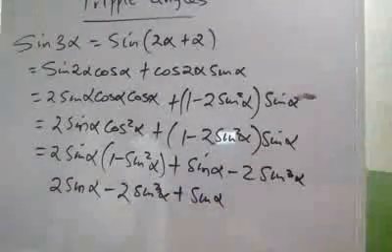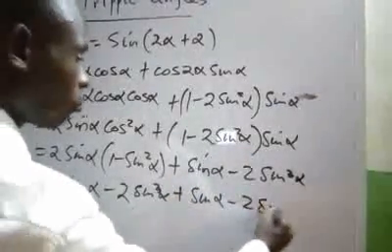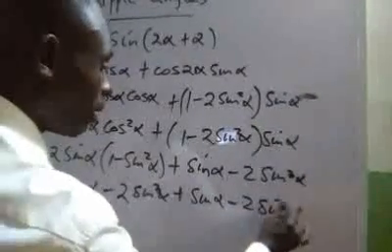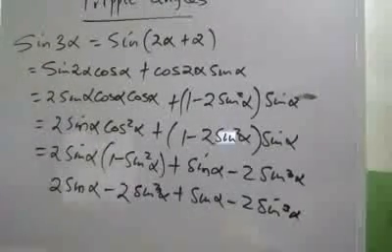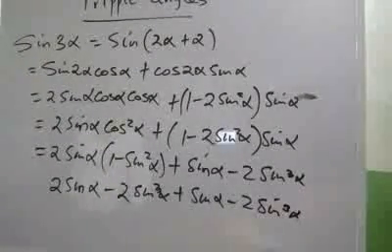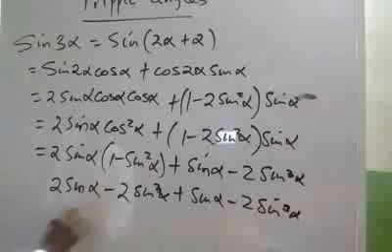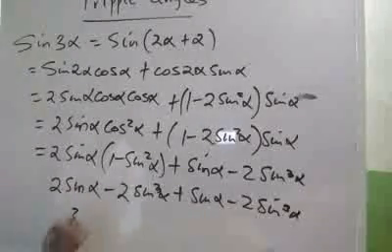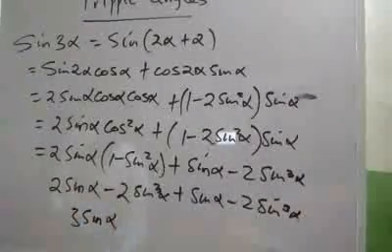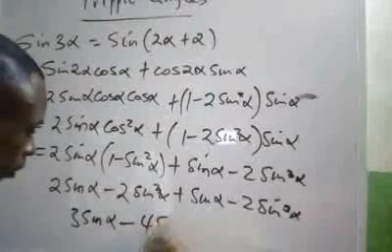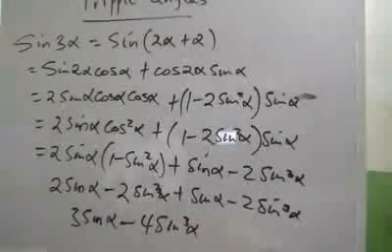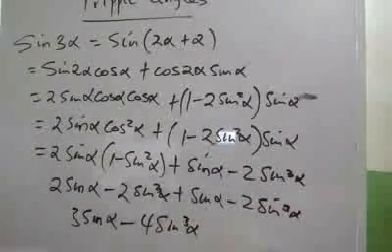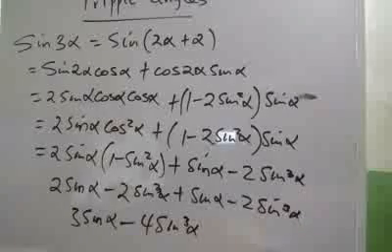And if we open the other side, we are going to have sine alpha minus 2 sine cube alpha. So if you bring everything together, this plus this will give you 3 sine alpha minus 4 sine cube alpha. So this gives you the triple angle formula for sine.